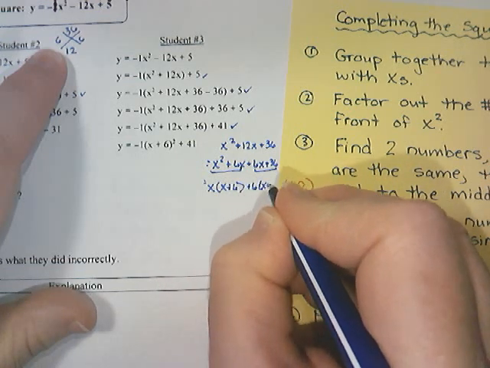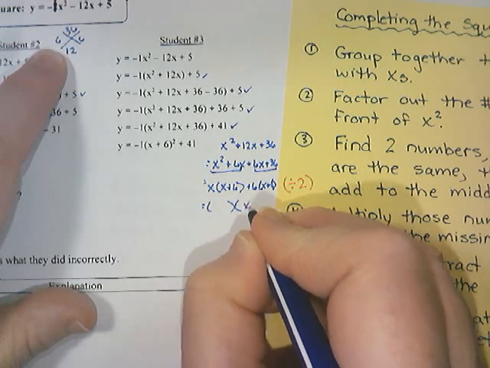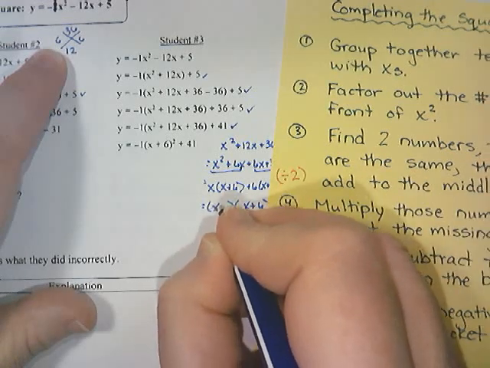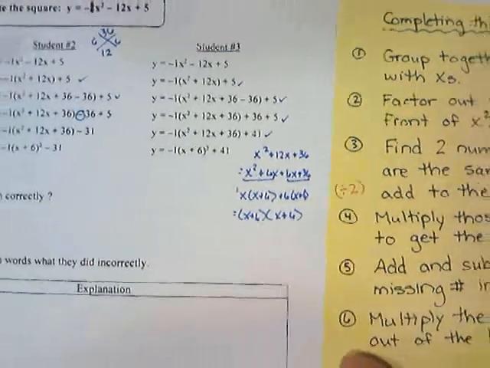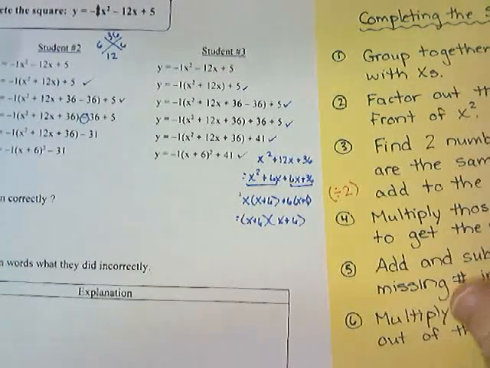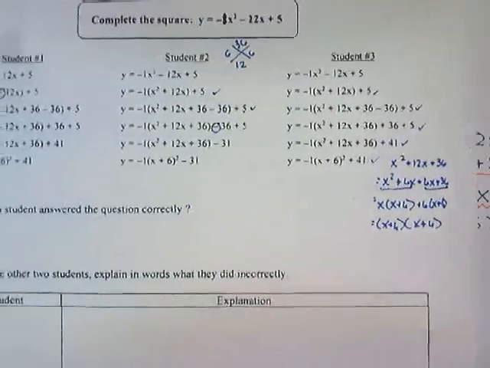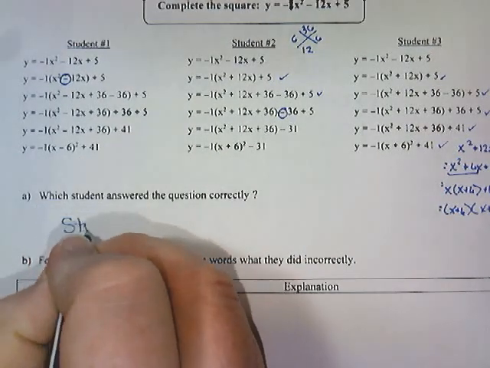I would get x plus 6. So I would get something times x plus 6. So x plus 6 times x plus 6, which is x plus 6 squared. So I know that's really small and you probably can't read it. That's okay. That was just me checking that I think that this is correct. So I think student number 3 is good. So I'm going to say student number 3 answered it correctly.